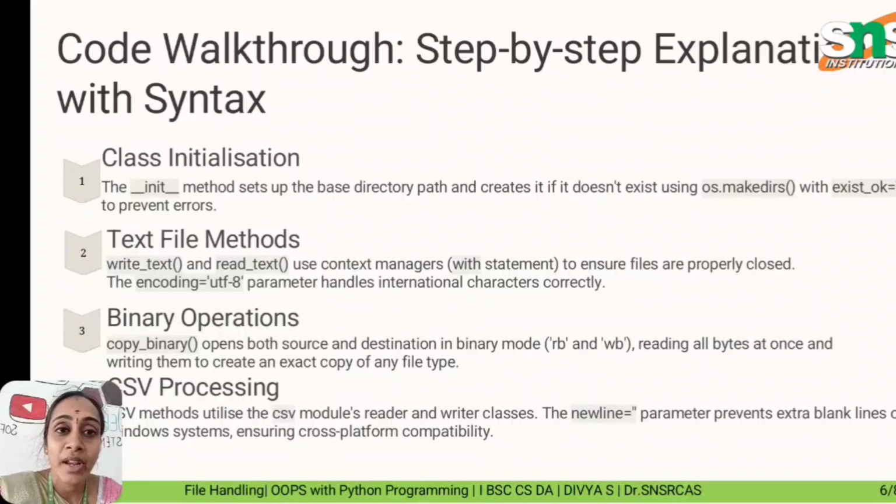For binary operations, copy_binary, I am using binary mode rb or wb with your reading or writing method. CSV processing uses the csv module reader and writer classes, where the newline parameter prevents extra blank lines on your system, ensuring cross platform compatibility.